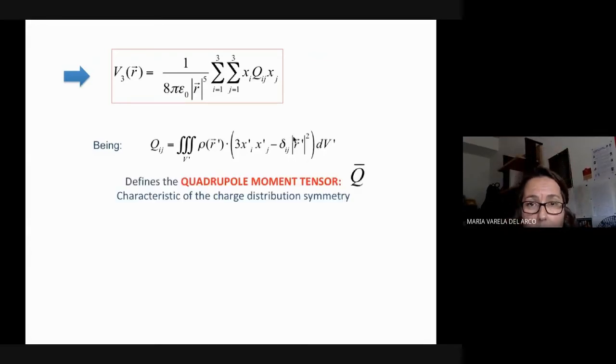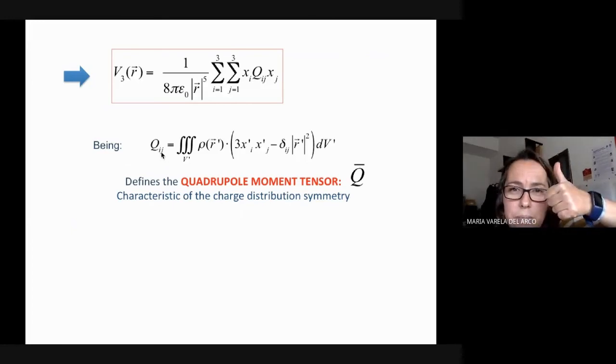This Qij that I just wrote is what we are going to call this matrix, because each one of those is a matrix element. We have Q11, Q12, Q13, Q21, Q22, Q23, Q31, Q32, Q33, and each one of those is basically QXX, QXY, QXZ.